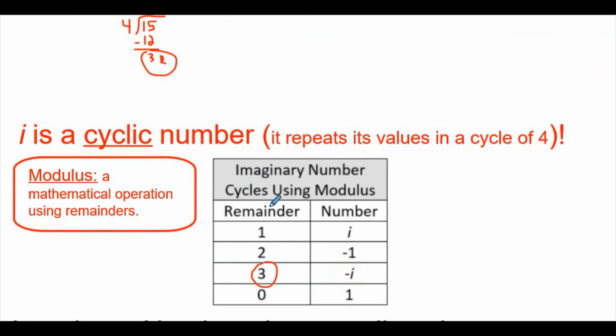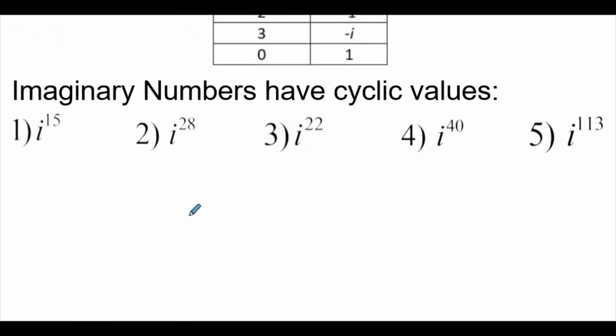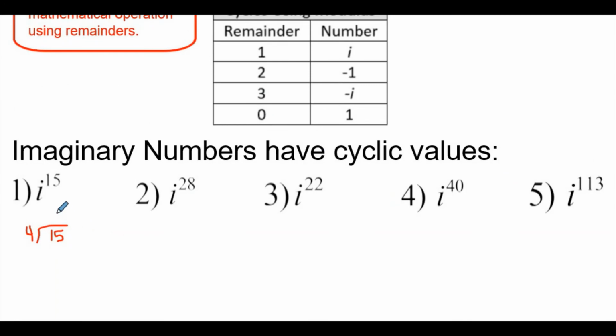But what if we had larger versions? So why don't we take a look at some examples of, and this happens sometimes on standardized tests. Someone will say, what is i to the 15th? So we just did that one. Again, to show you, you take 15, you take the fact that there are 4 in the cycle, 4 goes into 15, just like in elementary school math, it goes in there 3 times.